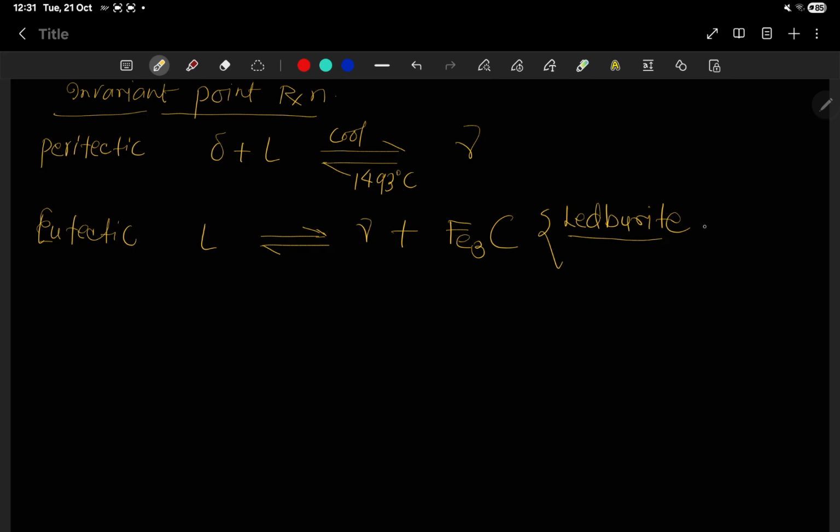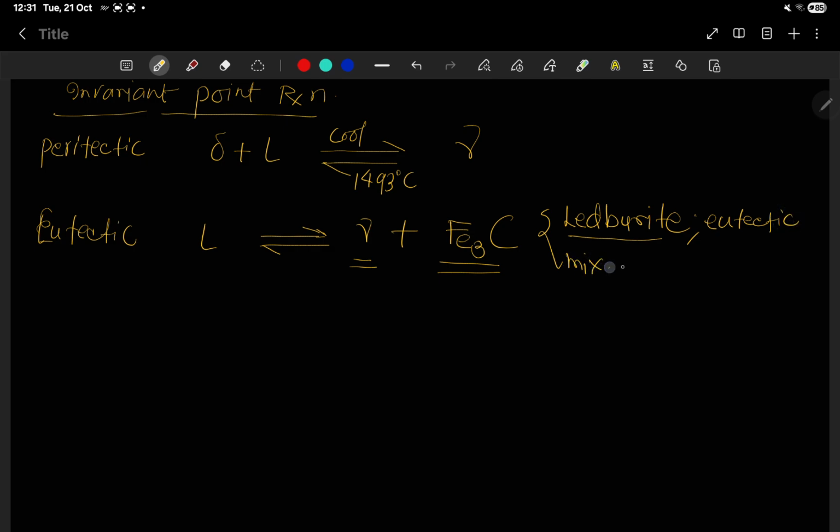Ledeburite is defined as the eutectic mixture of austenite (gamma) and cementite (Fe3C).